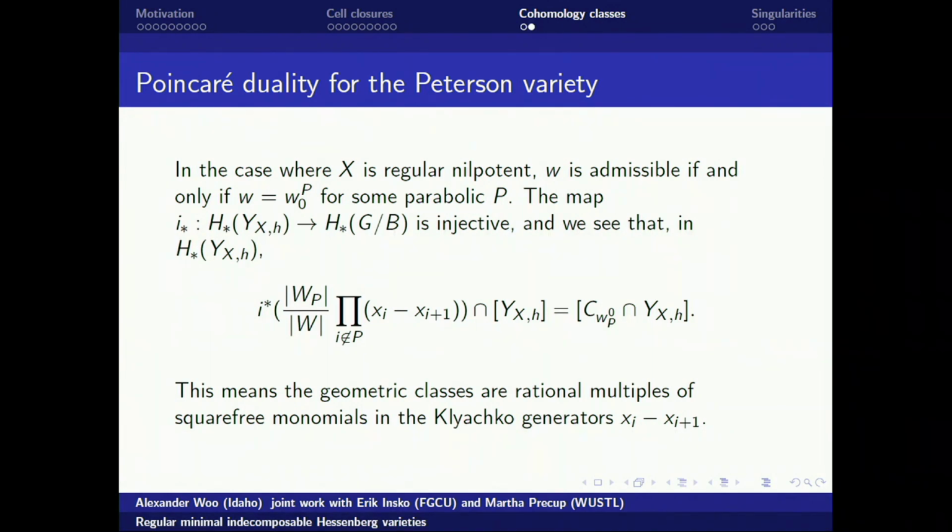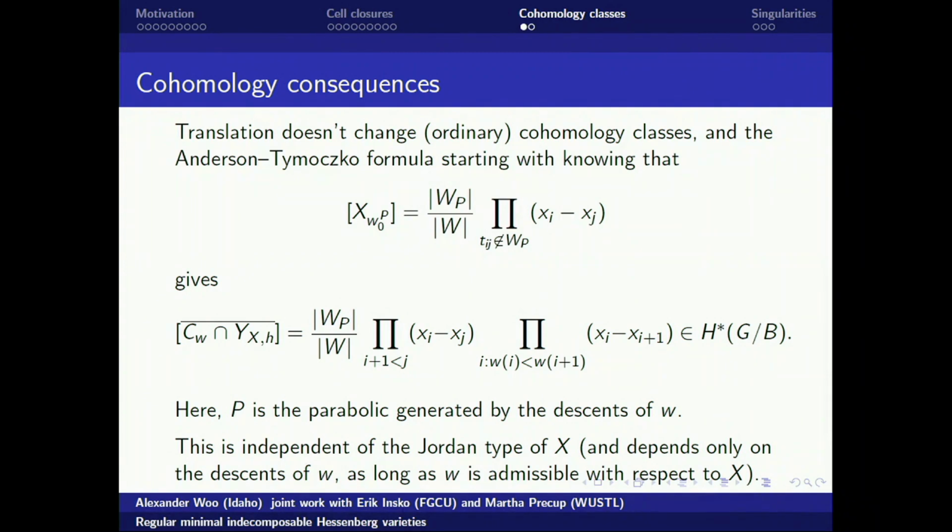And if you take W to be the long word, you have all descents, and you get none of the things on the right. What I want to say is that all of these are products of the class of the Peterson itself with more stuff.